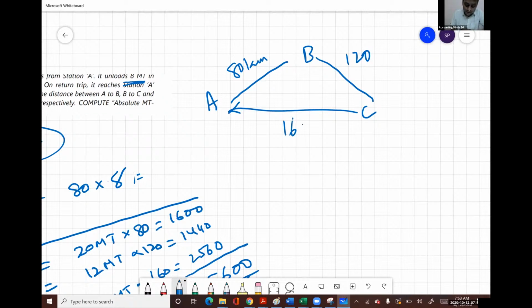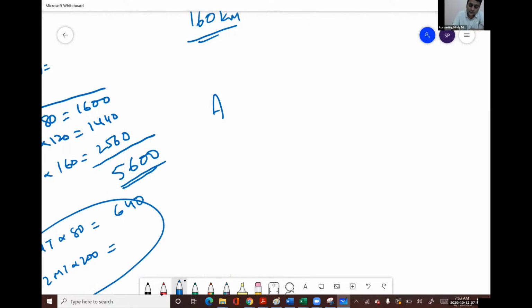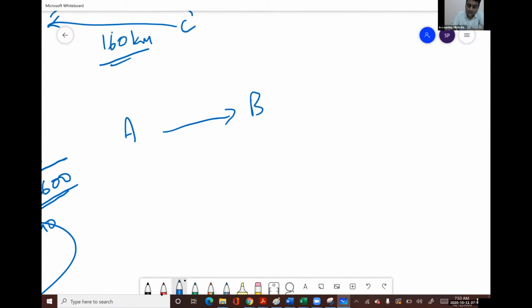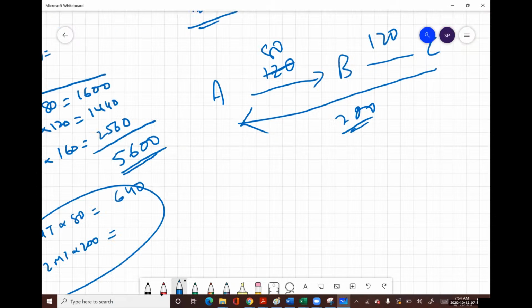How is that 160? Okay, so my calculation is not wrong. My calculation would have worked if it was A, B, C and this was 180 and this is 120, then this is 200. If it was 160, then it would have worked. Okay, nevertheless, makes sense, guys.